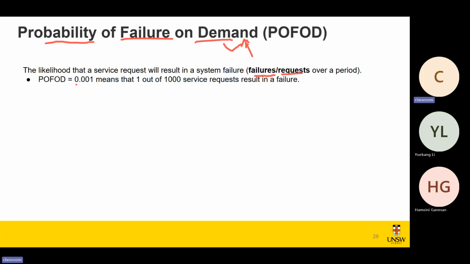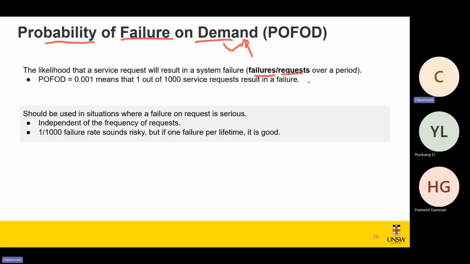So this is an example. If we have this probability of failure on demand value equal to 0.001, it means that 1 out of 1,000 service requests result in a failure in that observed period of time. So this metric should be used in situations where the failure on requests is serious.